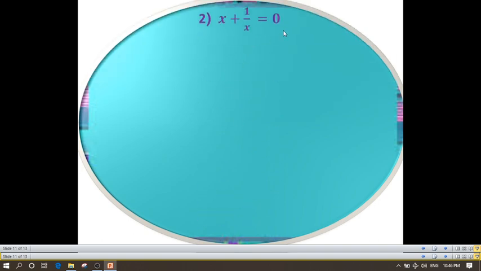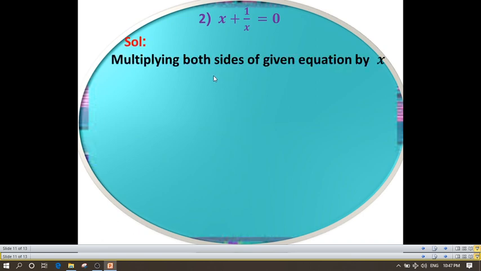Now consider the second example. x plus 1 upon x is equal to 0. Now multiplying both sides of given equation by x, we have x into x plus 1 upon x into x is equal to 0 into x.